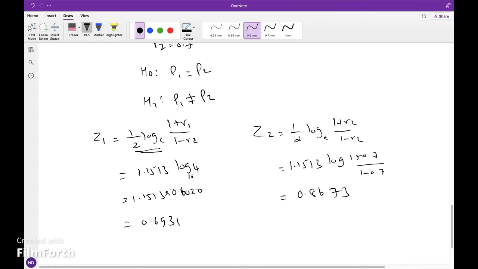Here r1 is equal to 0.6, so already we know that r1 equal to 0.6.